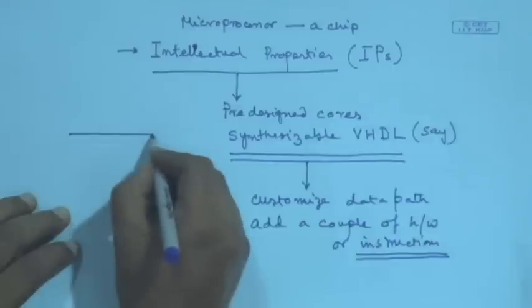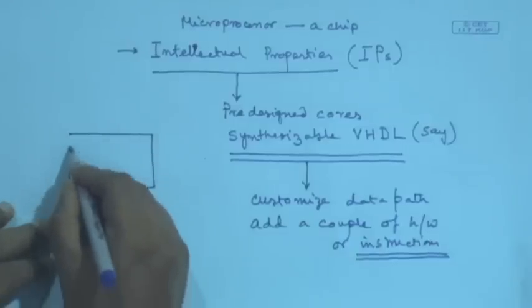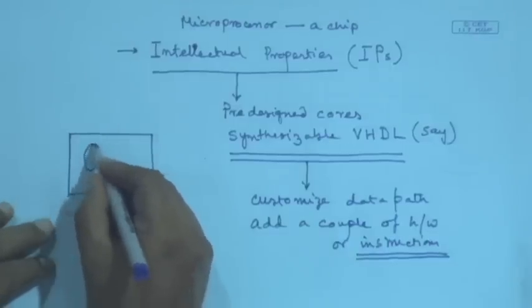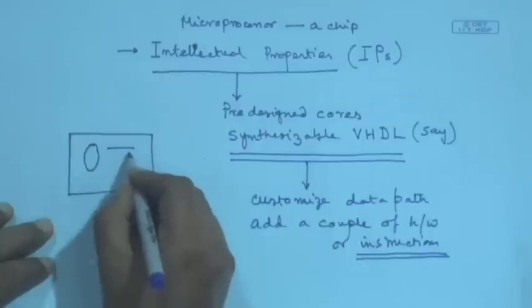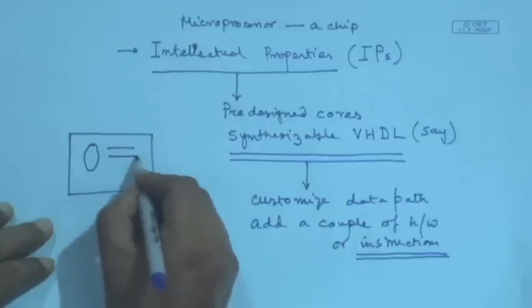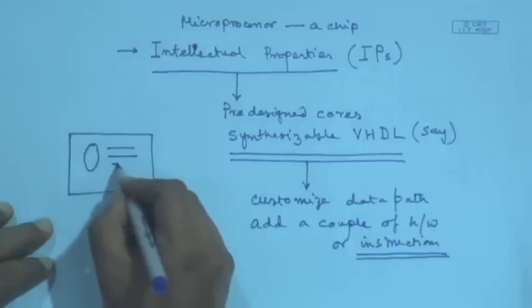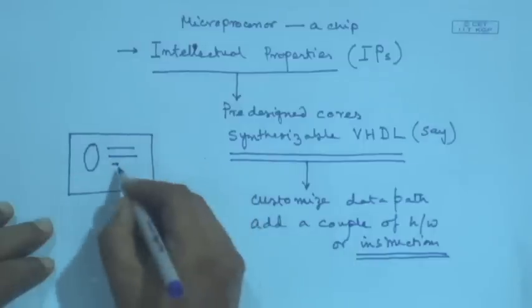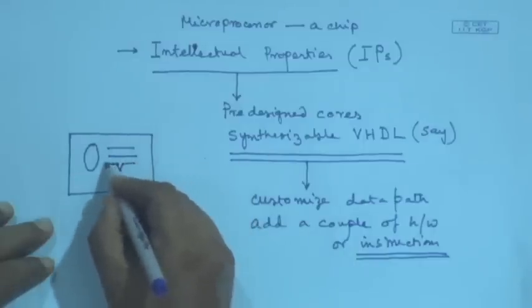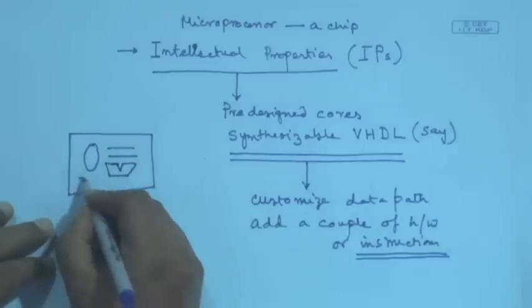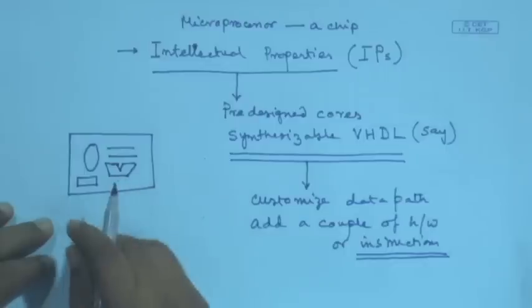You have got something, and that has got some controller, some data path with multiplexers and everything is there, all right. Some elements are there, and there is some multiplier, there are some adders. Now, you want to add one instruction, you find that for my job I need to add one or two instructions, that will make it even faster.